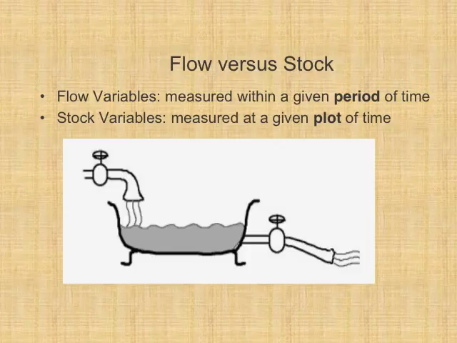Think of the stock and flow concept as being a bathtub. The current stock of water sitting in the bathtub represents the GDP at a specified time. The flow of water from the tap, that is inflow, or the drain, outflow, is the change that occurs in GDP over time.